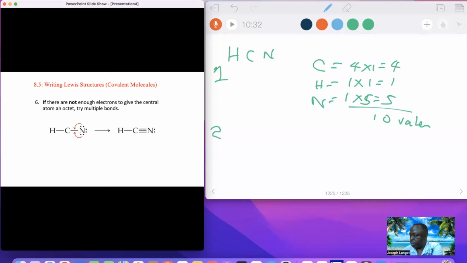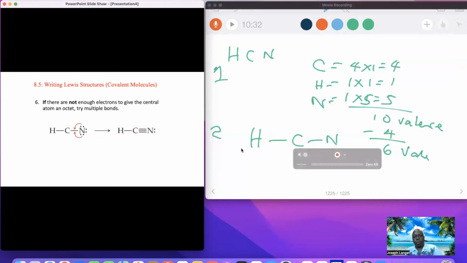Rule number 2 is to draw the skeleton. So if I have carbon bonded to hydrogen and nitrogen, subtract the bonding electrons: 2 plus 2, this is 4. We remain with 6 valence electrons. Hydrogen does not need more than 2 electrons.